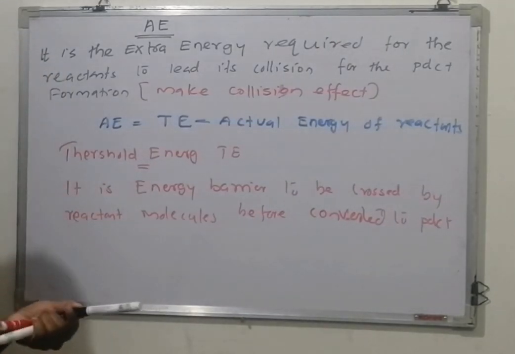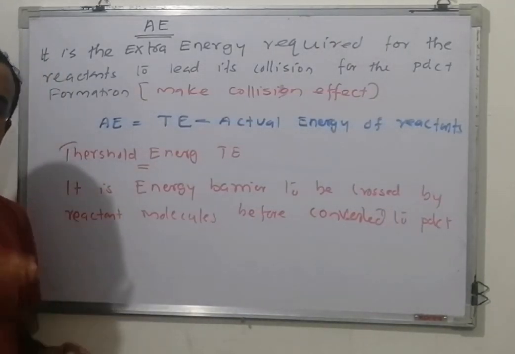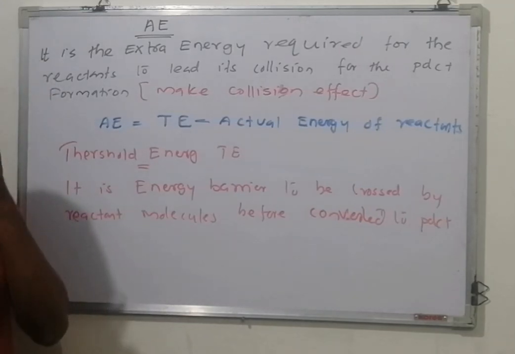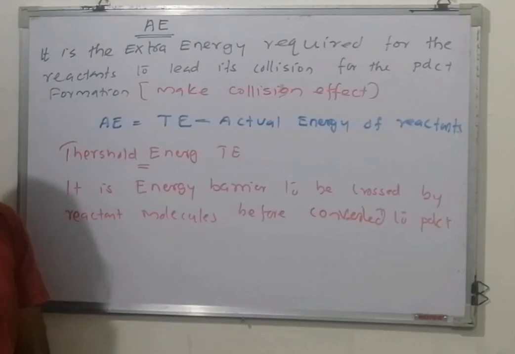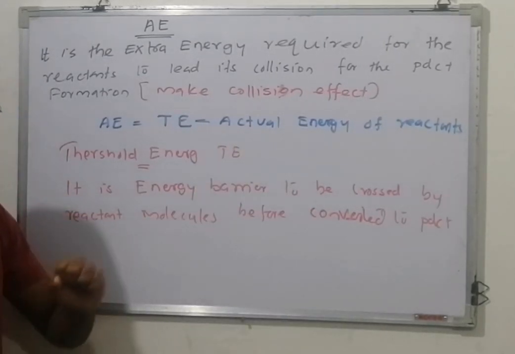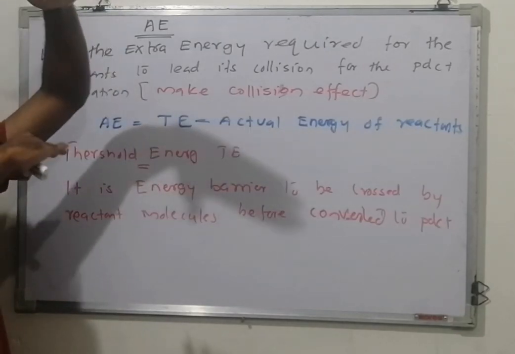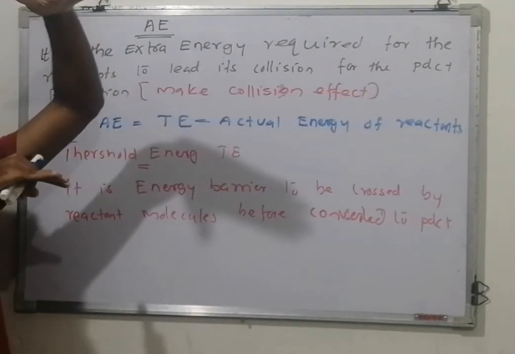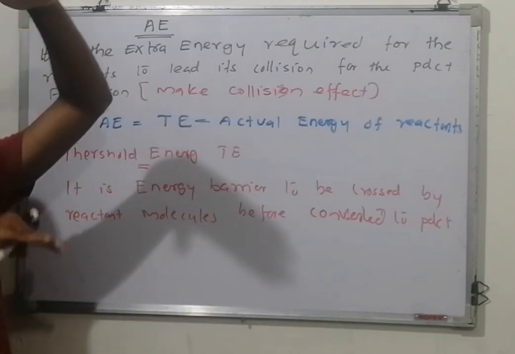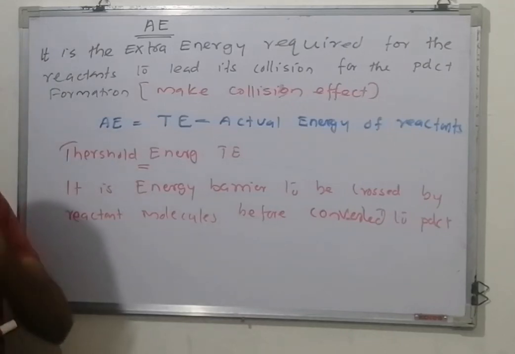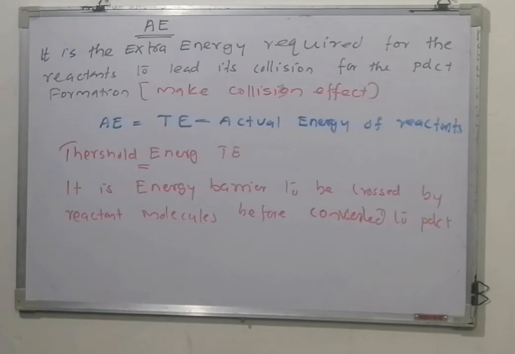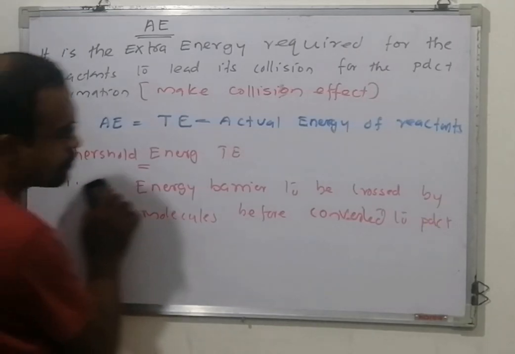This is a limit of energy barrier that should be attained by the reactant molecules before converting to the products. Our reactants have a lower energy and there will be a higher energy position like this. This is threshold energy, this is actual energy of the reactants. Therefore, this gap must be filled. That is called activation energy. Fine? Okay. We can draw the graph.